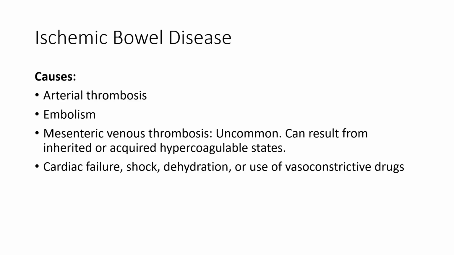Other causes include mesenteric venous thrombosis, which is an uncommon cause and can result from inherited or acquired hypercoagulable states. Intestinal hypoperfusion can also occur in the absence of vascular obstruction, such as in the setting of cardiac failure, shock, dehydration, or use of vasoconstrictive drugs. So the four main causes of mesenteric insufficiency are embolism, arterial thrombosis, non-occlusive or low-flow ischemia, and mesenteric vein thrombosis.